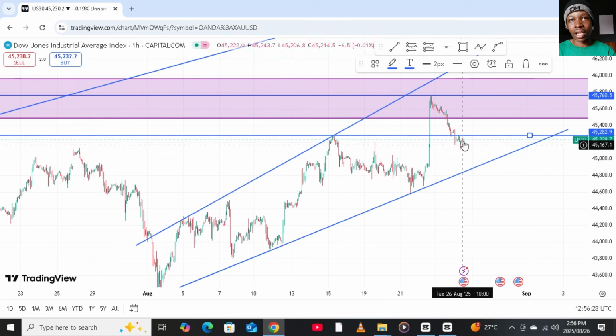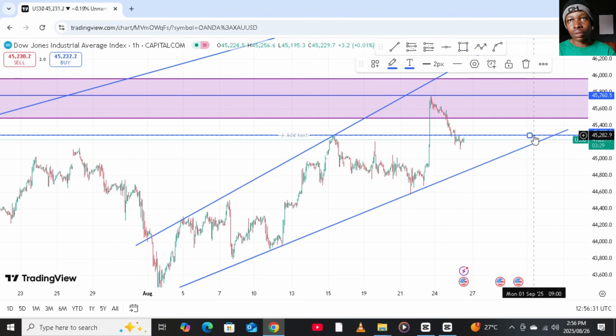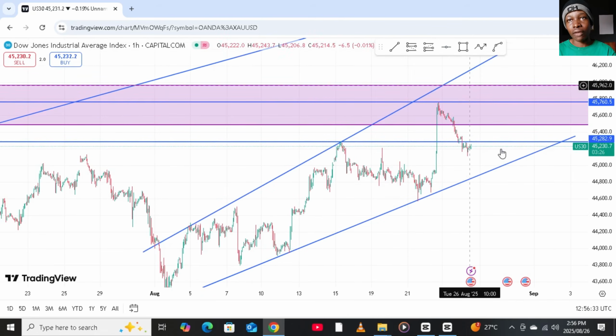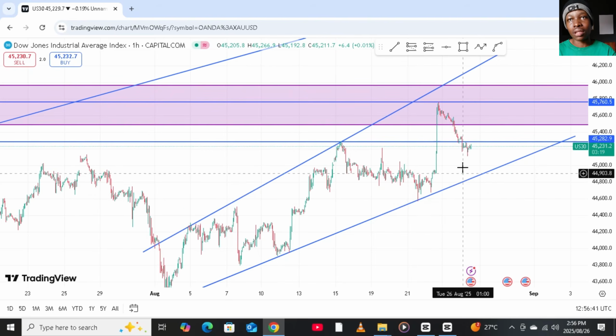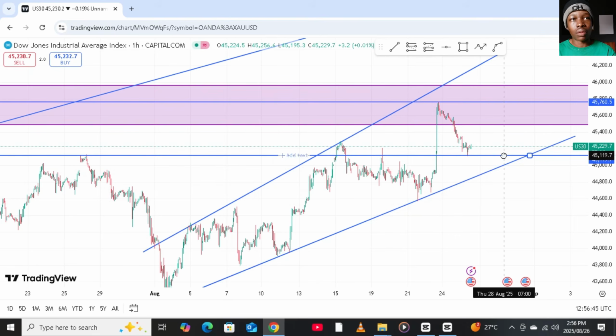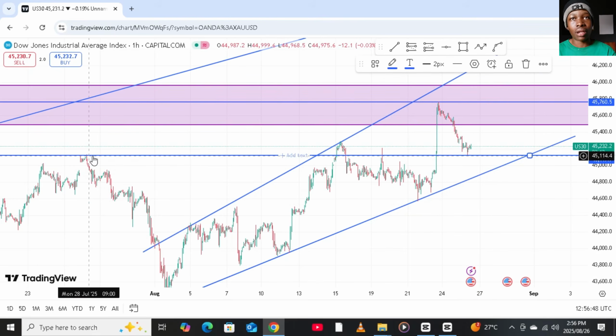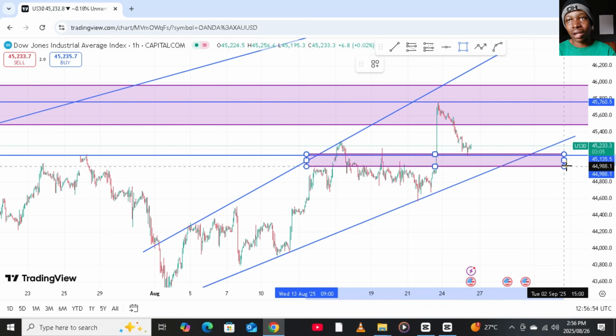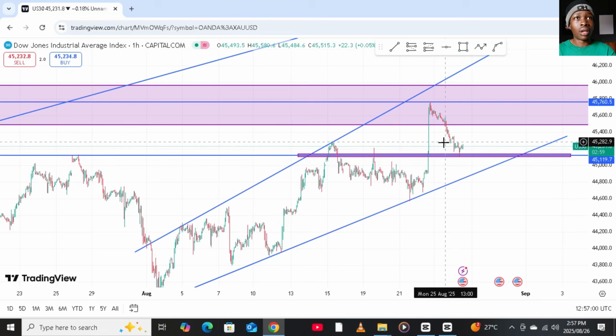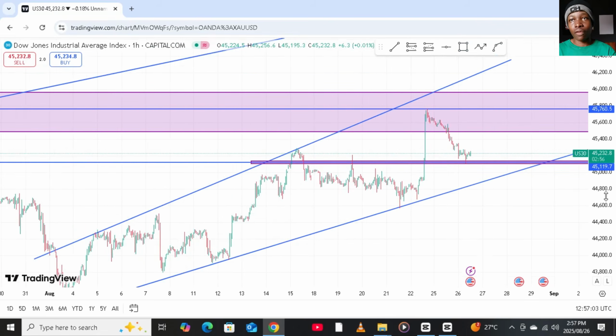Since we have a gap over here, I'll consider this as a touch, and three times no, let's just do this, because we have a high over here and we're currently retesting this high. So I'm gonna say this is our current support, just like this, and the market is actually buying. Let me just zoom in for entries now.